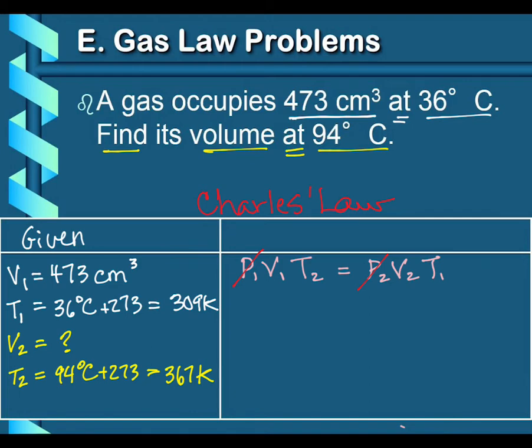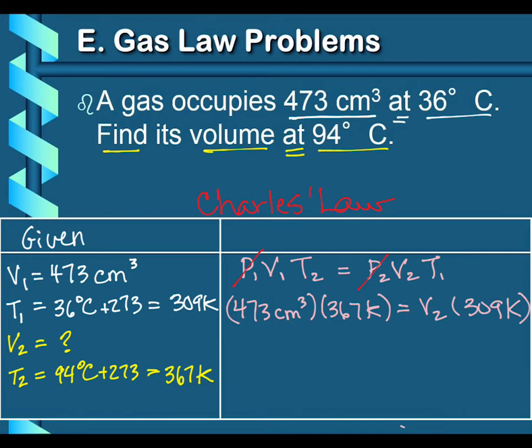So if I had to identify the law, I know I'm dealing with Charles's law, even though I'm going to use my combined gas law equation to plug in information. So we go in and plug in our information, 473 centimeters cubed. T2 is 367 Kelvin. V2 is what we're looking for, and T1 is 309 Kelvin.